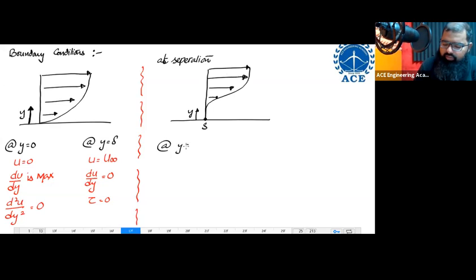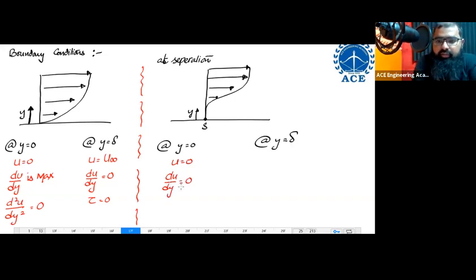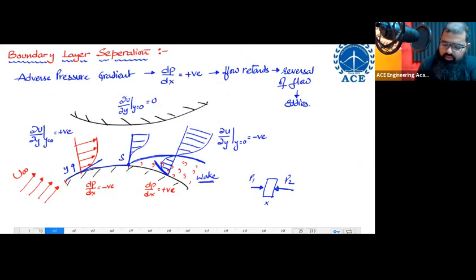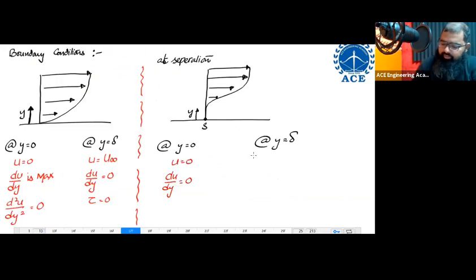Again, I'm going to look at y equal to 0 and at y equal to delta. At y equal to 0, again u is equal to 0. At separation, even the value of du/dy is equal to 0. Just now we have mentioned, at separation, the value of ∂u/∂y at y equal to 0 is 0. At y equal to delta, u is equal to u infinity. Again, the value of du/dy is going to be equal to 0.